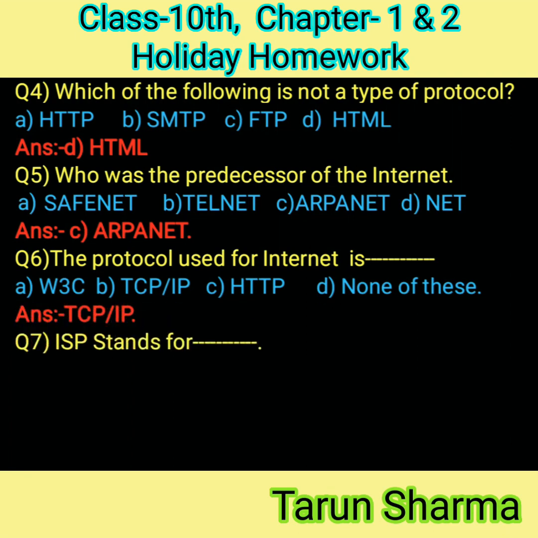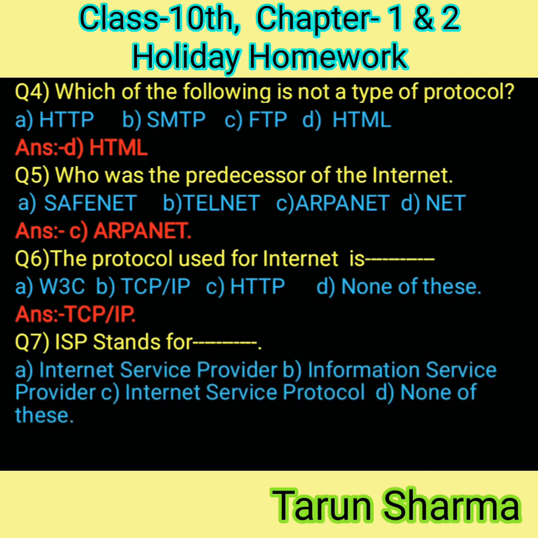Next question 7: ISP stands for option A Internet Service Provider, B Information Service Provider, C Internet Service Protocol, and D none of these. Answer is A, Internet Service Provider. Clear?